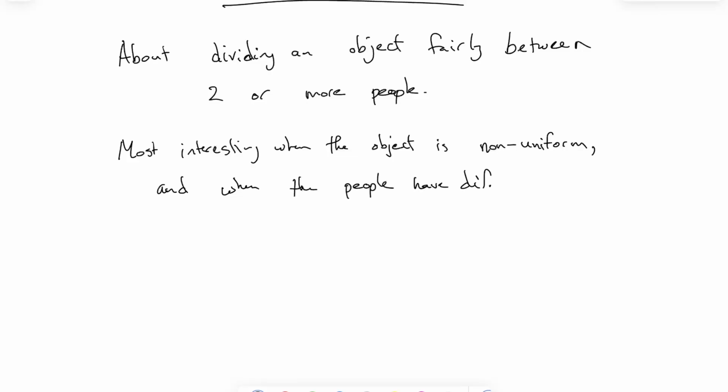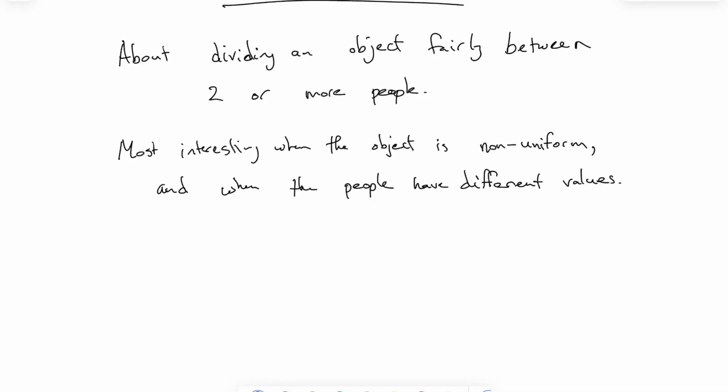have different values. This is actually very realistic in terms of trying to do this in important situations in real life. When the people have different values, this is like if I have a tray of brownies. We could try to do this in this room, actually.